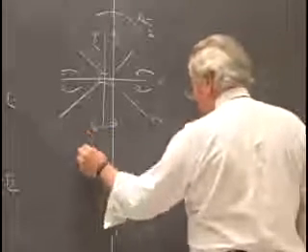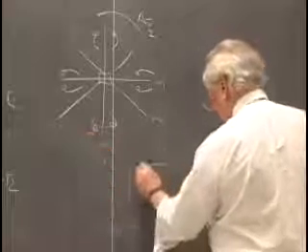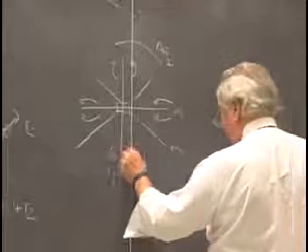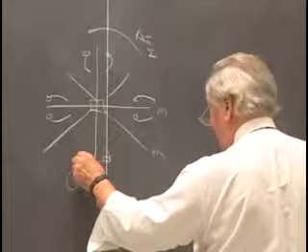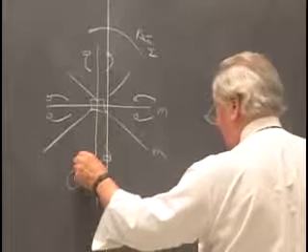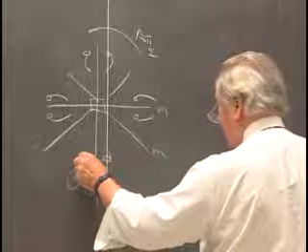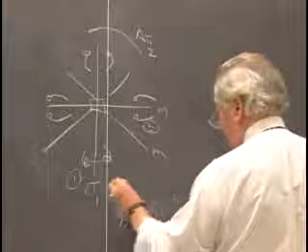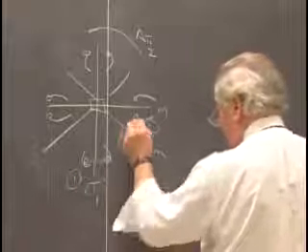Suppose we reflect and follow that by a pi over 2. We reflect to here, and then we rotate by 90 degrees, and that's going to give us number 3 sitting up here. So we reflected and then rotated.